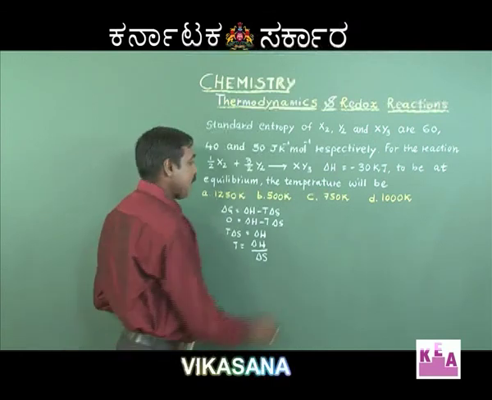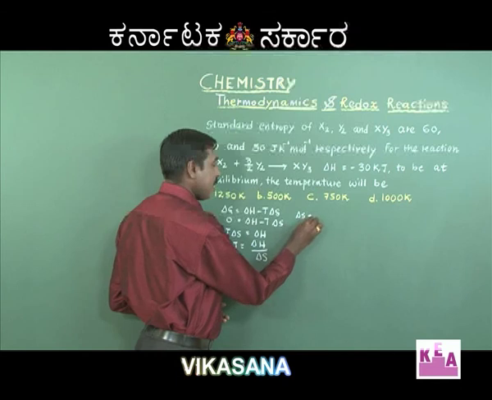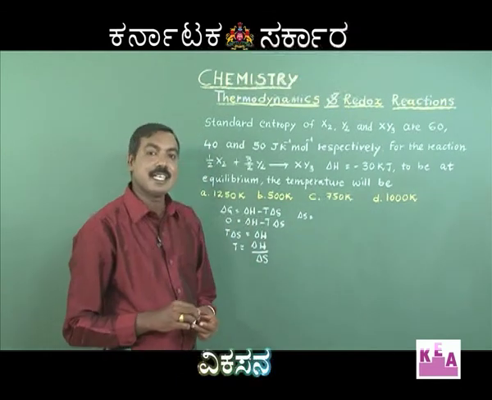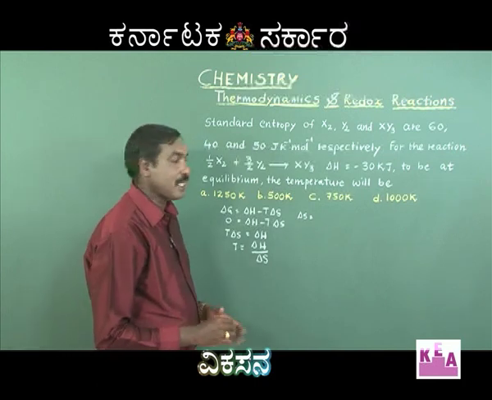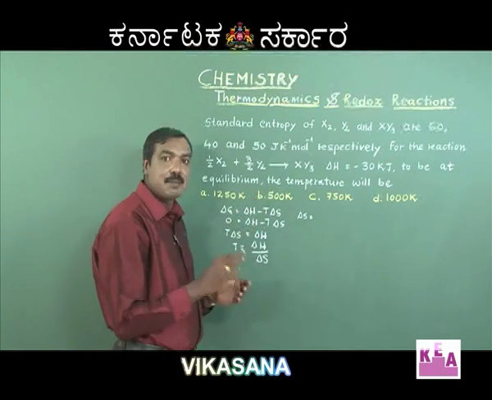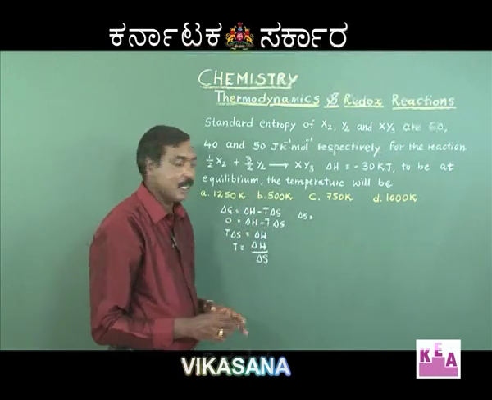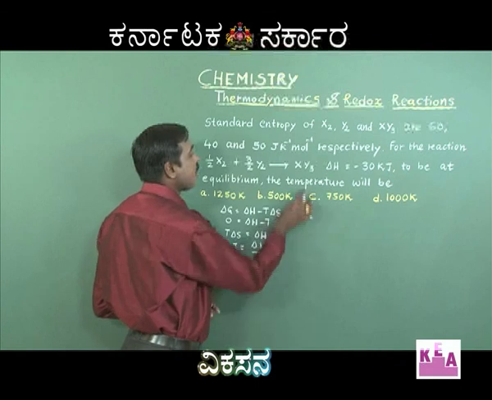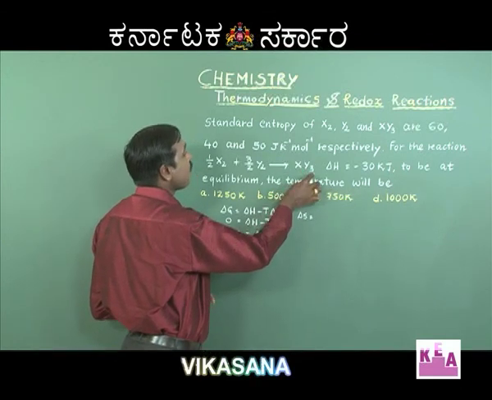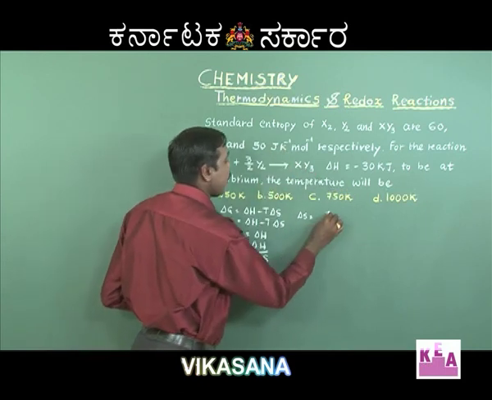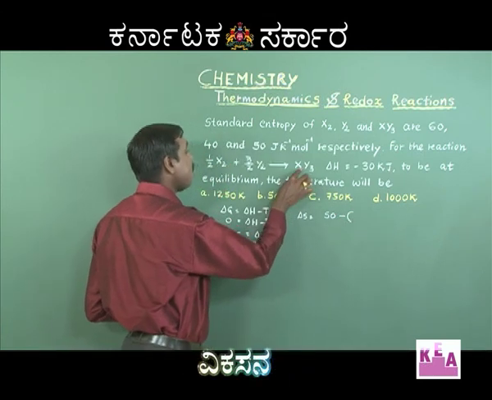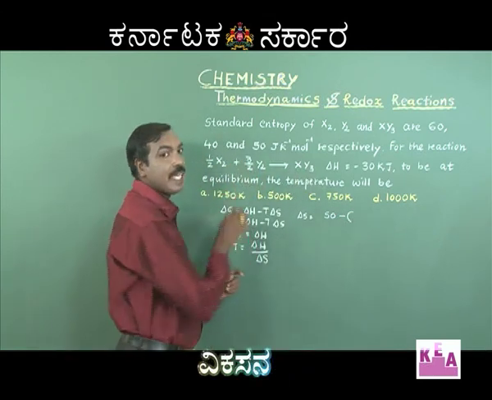You are aware delta S is calculated using the relation, the summation of the entropies of the products minus that of the reactants. Therefore, the entropy value of the product XY3 is given as 50, so I take it as 50 minus the summation of entropies of the reactants.